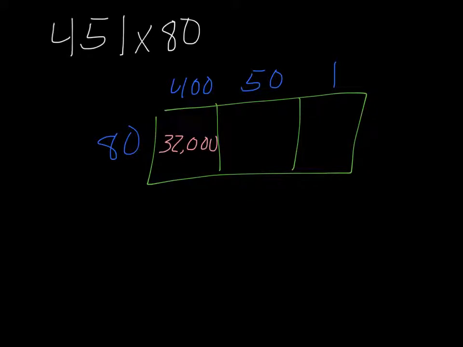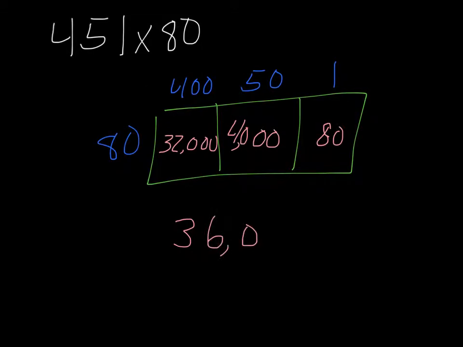8 tens times 5 tens, okay, is 40 hundreds. 10 times 10 is 100, remember. 80 times 1, okay, 8 tens times 1 is 80. Okay, then we're going to add it all together again. So we still have 30,000, but now we have 2,000 plus 4,000, which is 6,000.